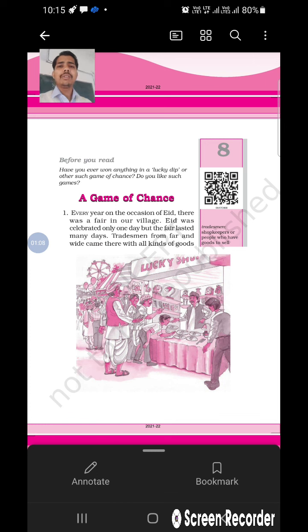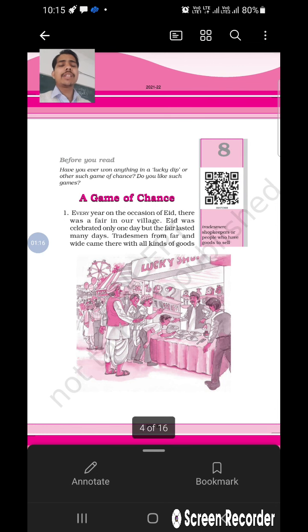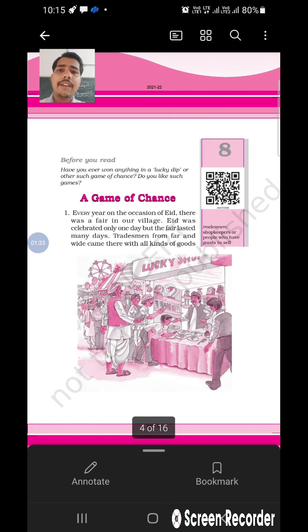Many times you would have visited a fair, and in that fair you would have seen many things which you would have liked to purchase or play. Sometimes there are some lucky shops where you have to throw rings on the materials, and if the rings encircle those materials, you get them. That is known as a lucky shop.